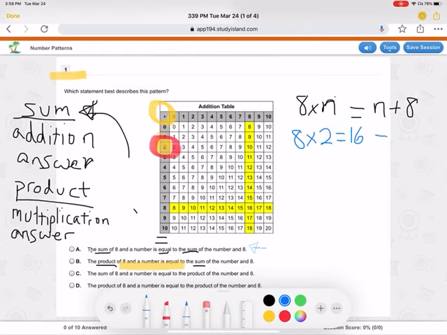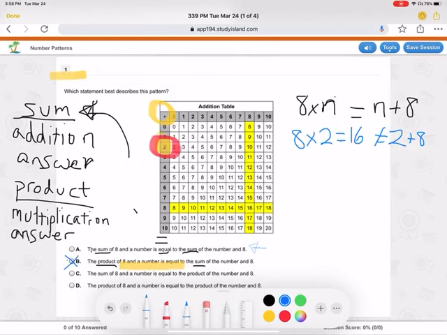Now, does that equal 2 plus 8? Sorry, I should have said 2 plus 8. Let me fix that one and make it better. Does that equal 2 plus 8? Now, you should know that 2 plus 8, as we said earlier, was 10. So, no. This one, B, is definitely wrong.